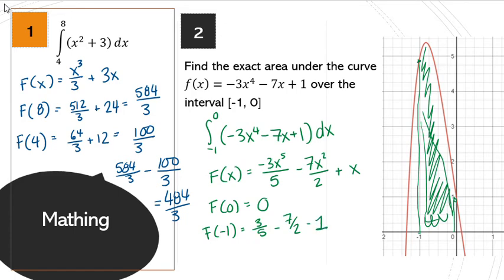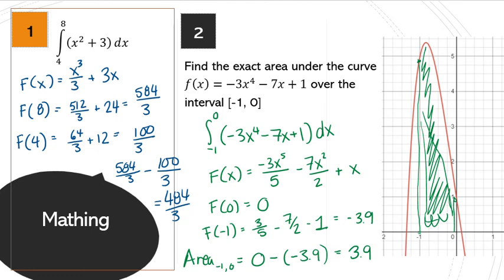If you do all that math, you would get -3.9. Okay, so the area between -1 and 0 is going to be 0 minus -3.9, which gives you 3.9 units squared.